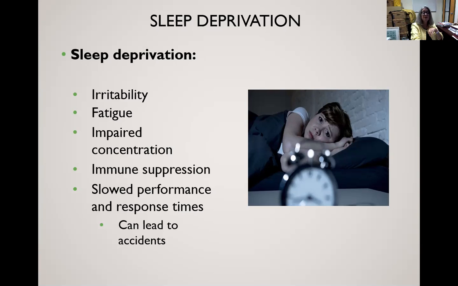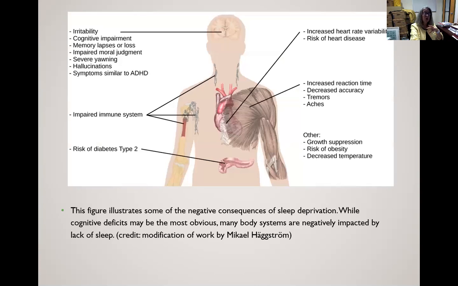Now, what happens to people who are chronically sleep deprived? These are people who for several years only get 5 or 6 hours of sleep, and there are all kinds of problems. We can get weight gain and obesity. In fact, one study I was reading said that among people who got fewer than 6 hours of sleep, there was a significant increase in their BMI, their body mass index, indicating that they're overweight or obese.